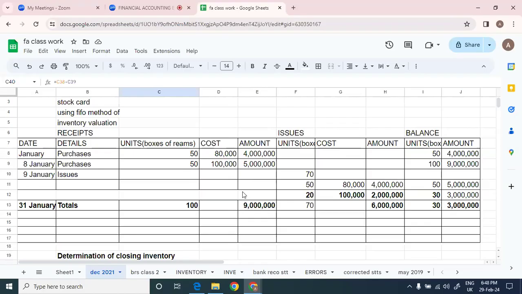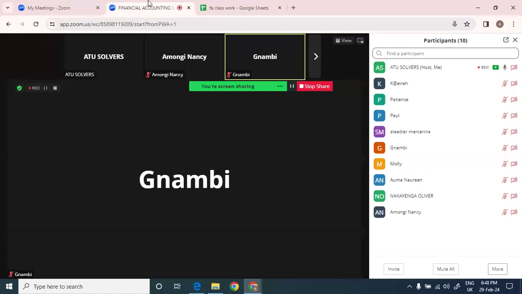We are going to look at weighted average cost of inventory. We said under weighted average cost of inventory, we weigh the price of products by adding the total value of the products you have, divided by the total units of the products, to get an average price of each product.